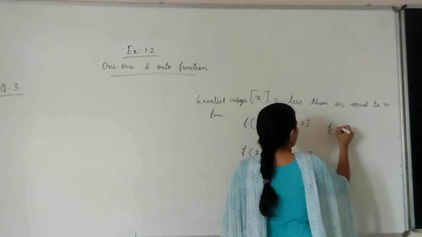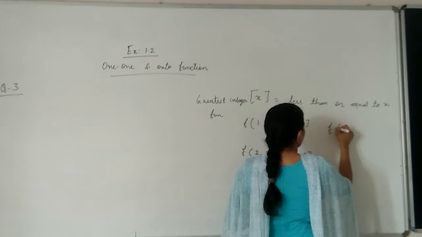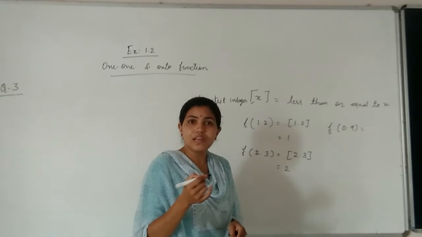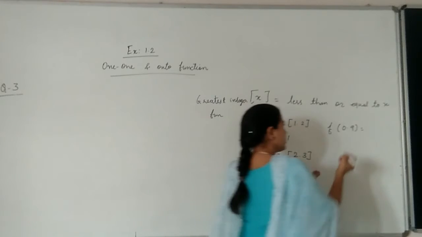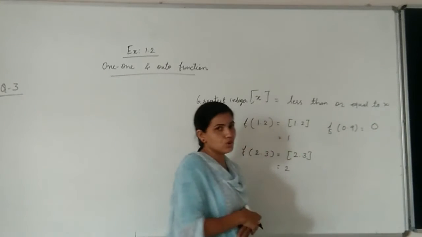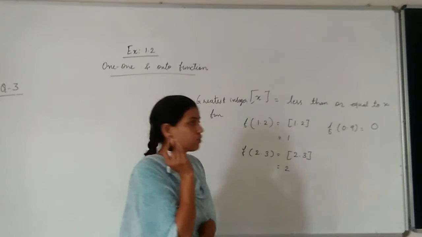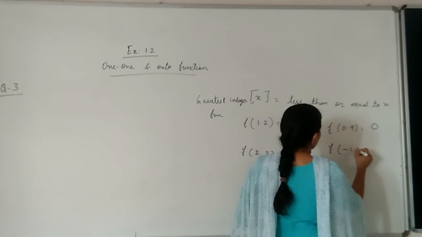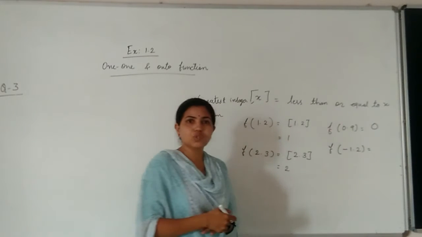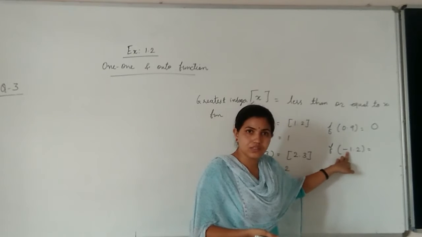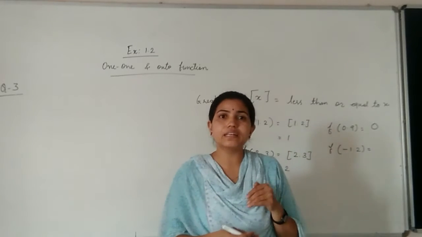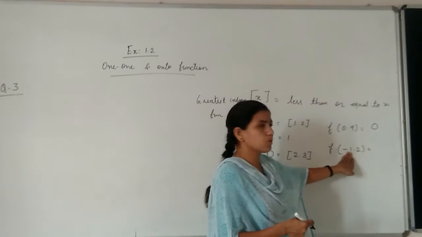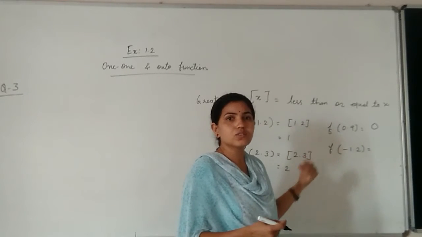If I write f of 0.9, then your answer will be, yes students, the integer at or below 0.9, that is 0. If I write f of minus 1.2, the value is negative, so which is the greatest integer less than minus 1.2? It will be minus 2.